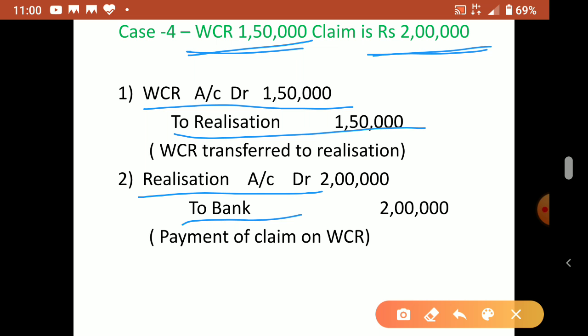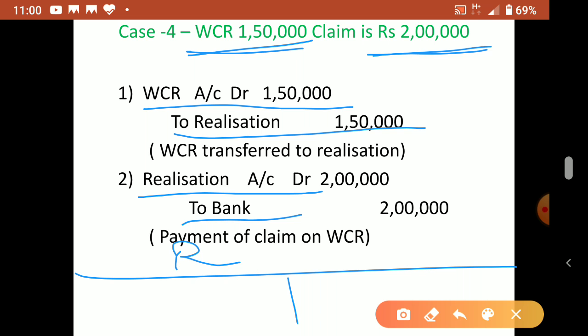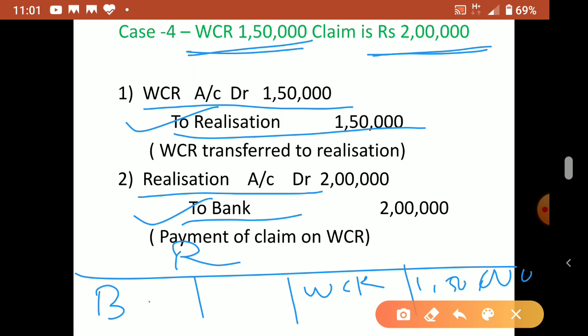So in this case, how will the realization account appear, you see? If we make the realization account here, just I am writing, how will this posting come? WCR to realization, so by WCR 1,50,000. This posting: realization to bank, so to bank 2 lakh will come on the debit side.